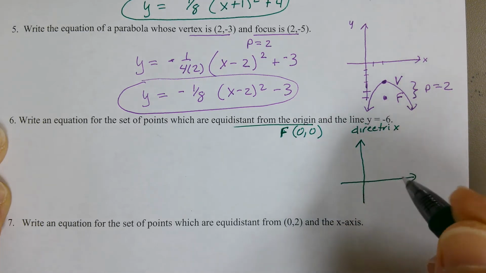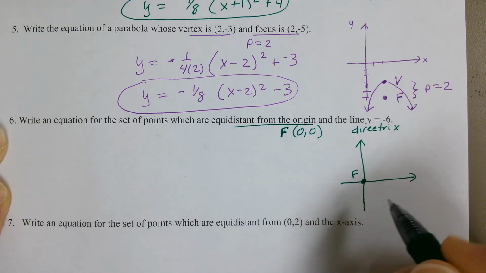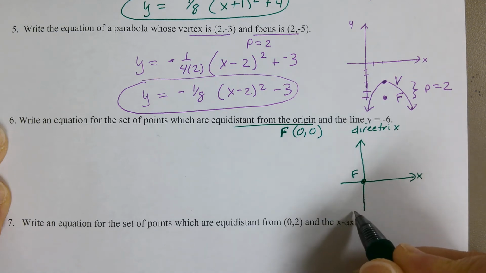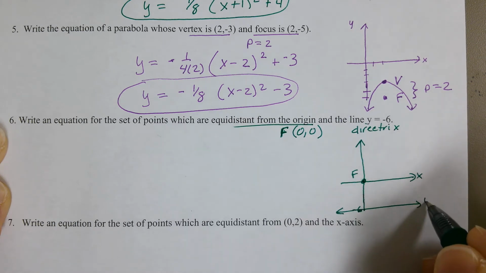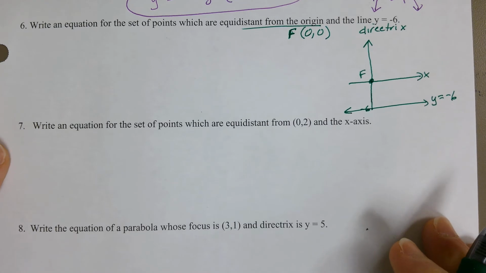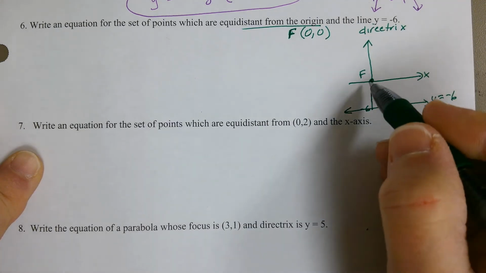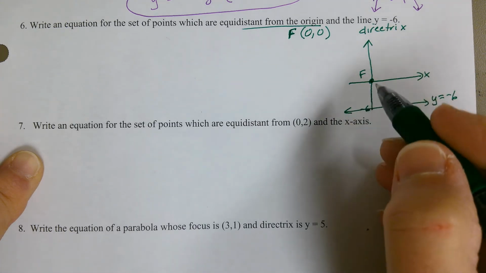So a sketch, focus, y equals -6. The distance between the directrix and focus here is 6 units.